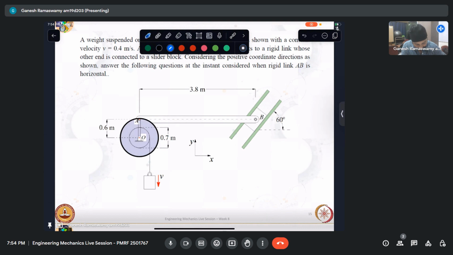If I take this length as the length of AB, this length is constant because this is a rigid link.